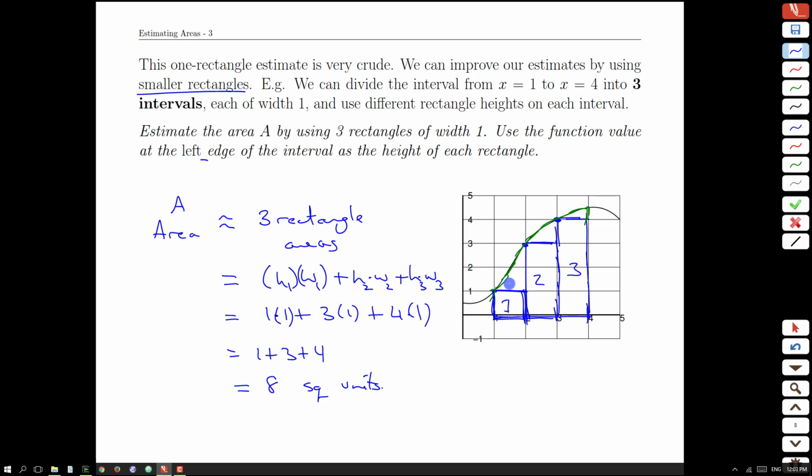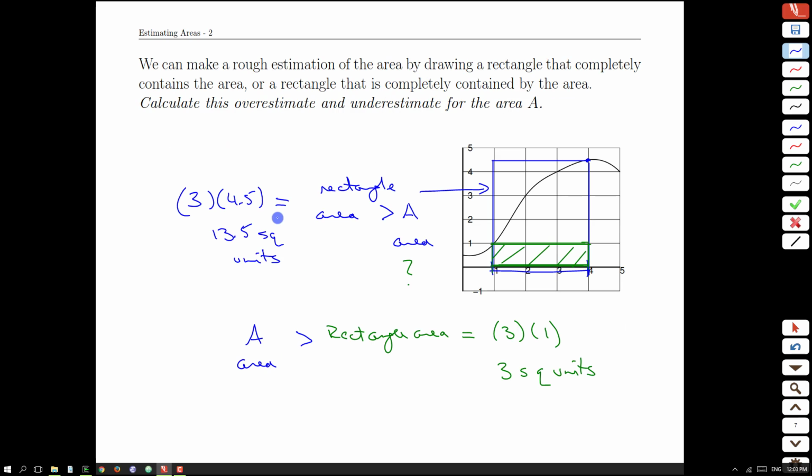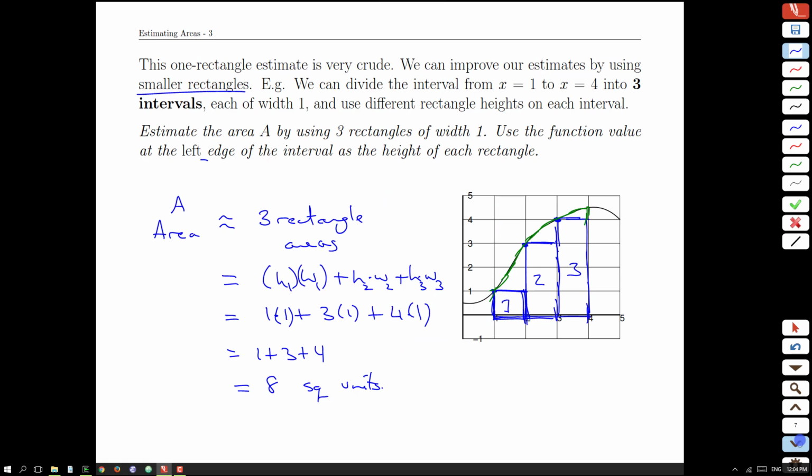And visually, that appears that it'll be a much closer value to the exact area compared to going back a slide, the overestimate we had before in blue, or the massive underestimate we had in green. Now we're honing in on the real exact area under this curve. It's still a little crude, but it's a big improvement over our first estimates. Hopefully you see the theme at this point, or the direction we're heading.